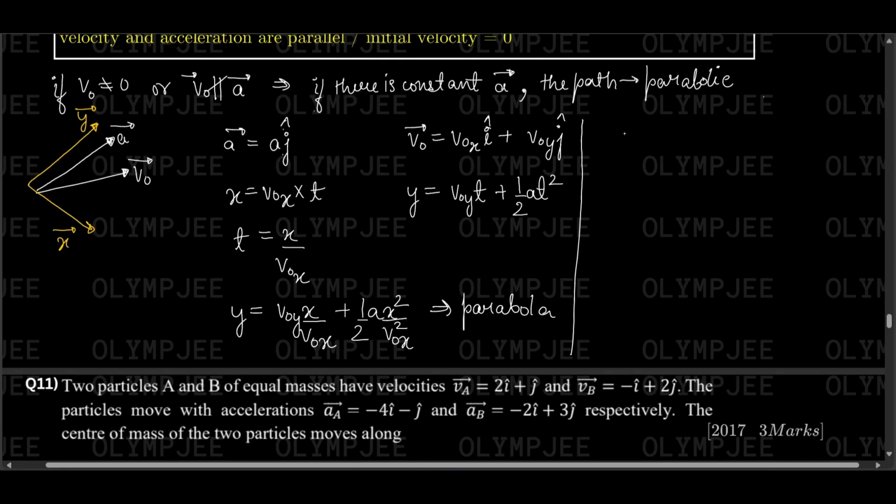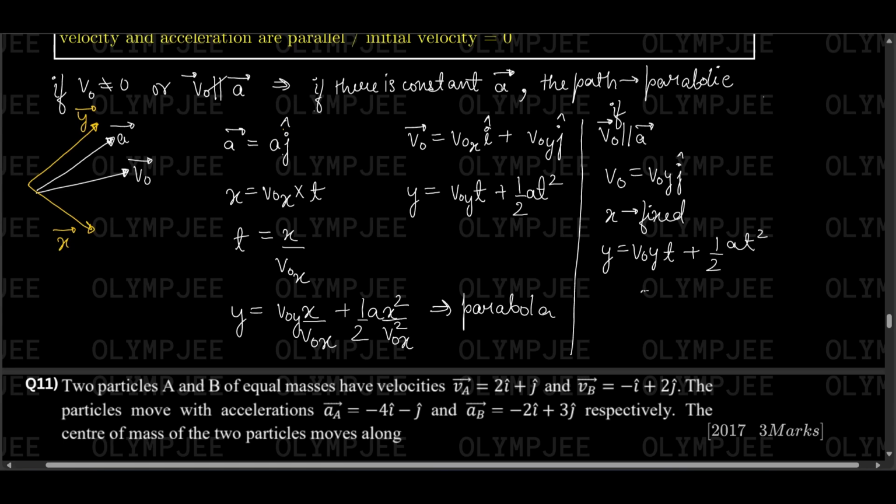So now let us see what will happen if v0 is parallel to acceleration. If v0 is parallel to acceleration, then v0 will also have only a y direction component, right? Because acceleration is in the y direction. So the x coordinate will be fixed and the motion will only be in the y direction, right?